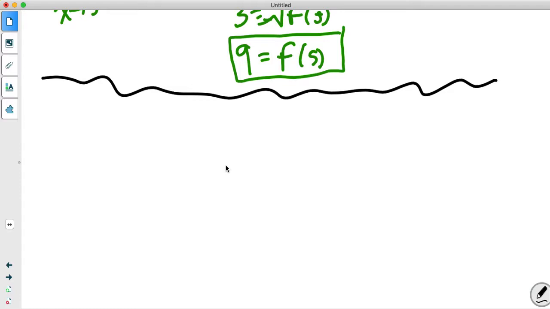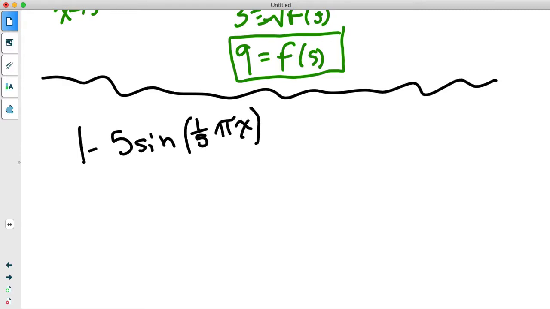So the derivative of the top is 1 minus 5 sine of 1/5 pi x times the derivative of the inside, which is pi over 5. That's a times, not divided by.